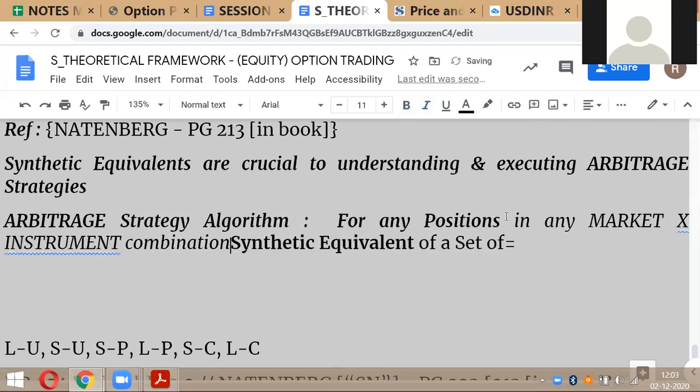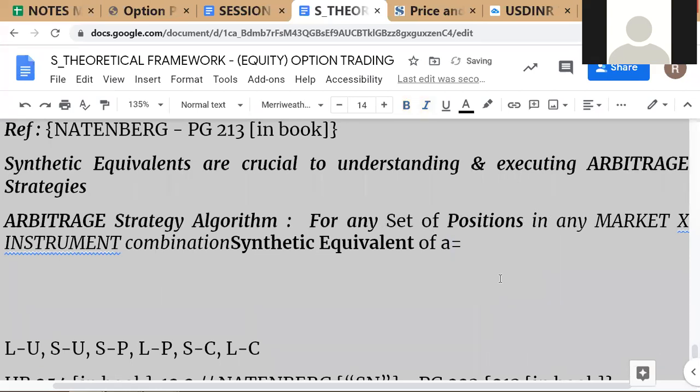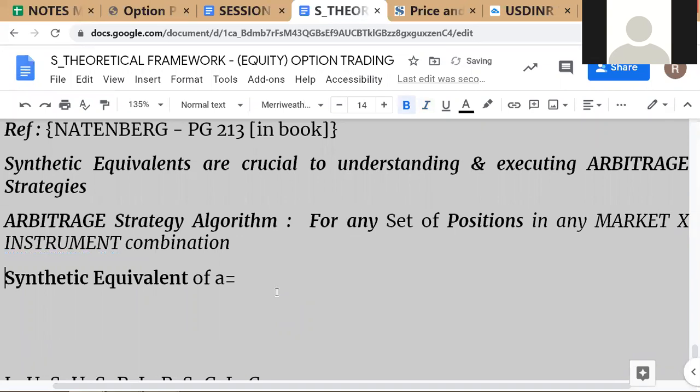For any position, actually we can call it a set of positions. I'm writing it in different lines so that it's easier, it's broken up. We understand.